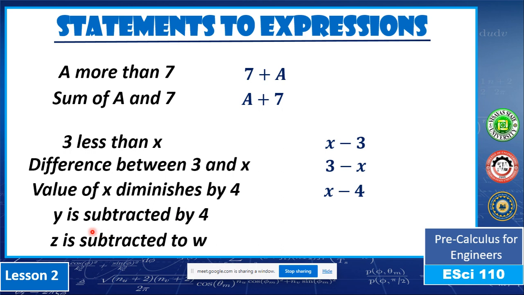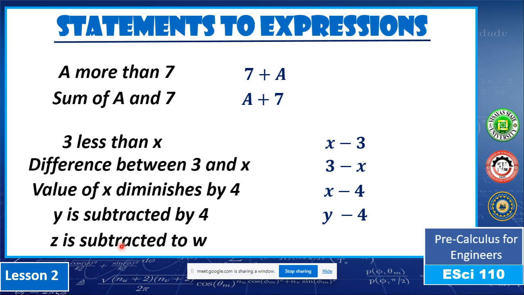For this one, the remaining two are a bit confusing. Because when we say y is subtracted by 4, and z is subtracted to w, they are both different. Why? Because in the first part, when we say y is subtracted by 4, y comes first. Y is being subtracted by 4, so we have y minus 4.